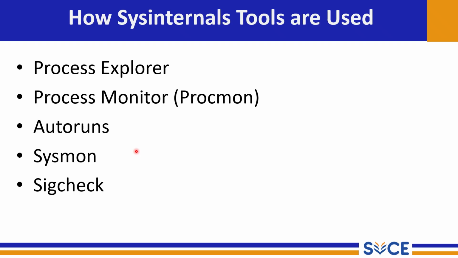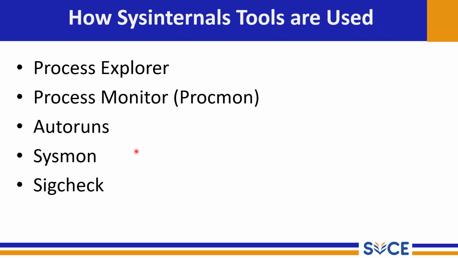Apart from this, we have PsTools, a suite of command line tools for managing local and remote systems, and TCPView, a detailed network connection viewer, and Disk2vhd that creates virtual hard disk images of physical disks, and ProcDump, a command line utility that monitors an application for CPU spikes and generates crash dumps, and Sysmon, a system monitoring tool that logs system activity to the Windows event log.